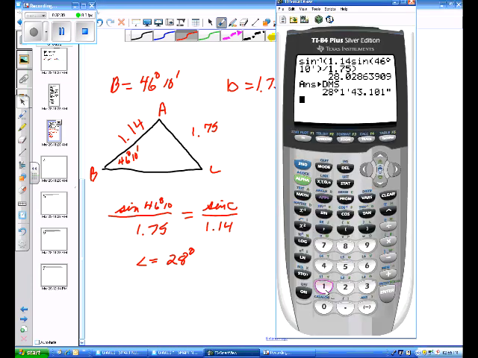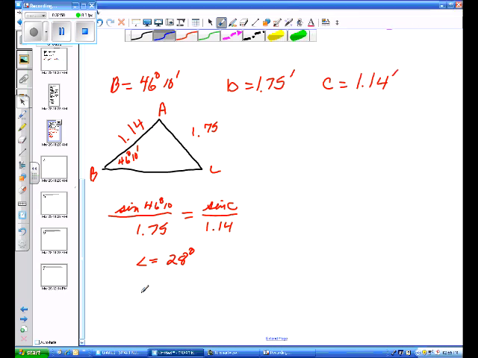If it's in the second quadrant, then it would be 180 minus 28, which is 152 degrees. Okay, so we're going to go through and solve it as if angle C is 28 degrees. Then we'll come back and solve it for the 152.